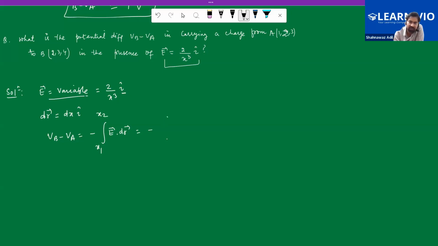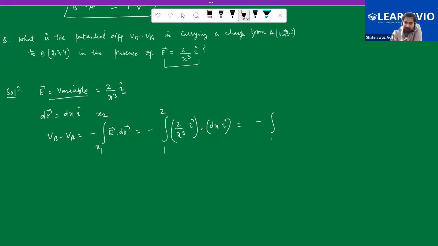Here x1 is 1 and x2 is 2, and this is 2 by x cube i hat dot dx i.